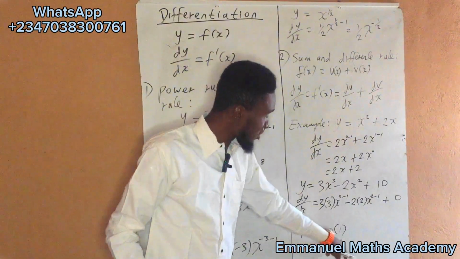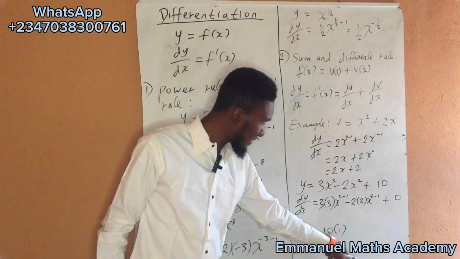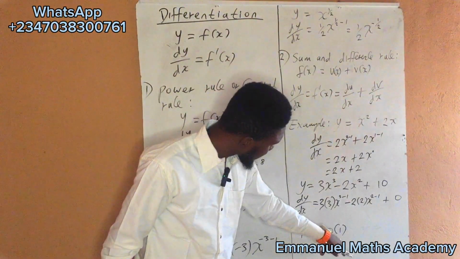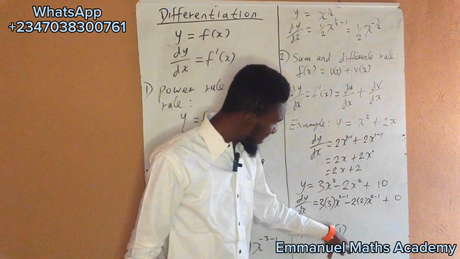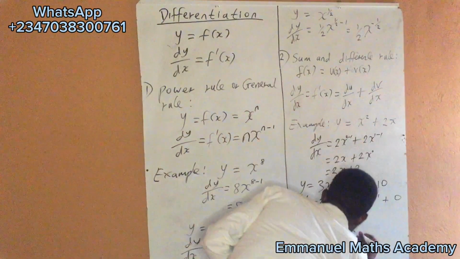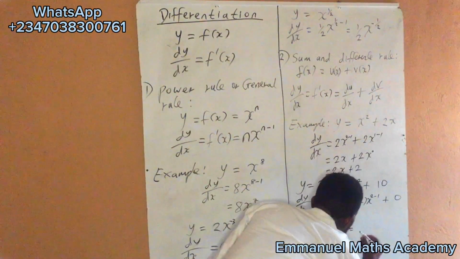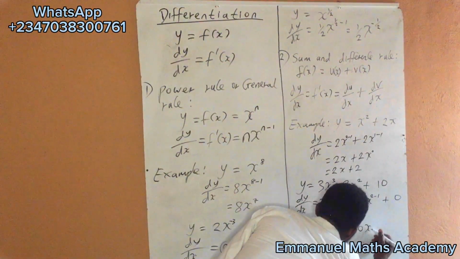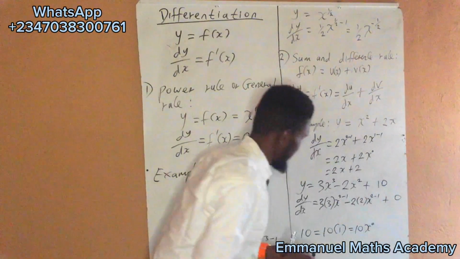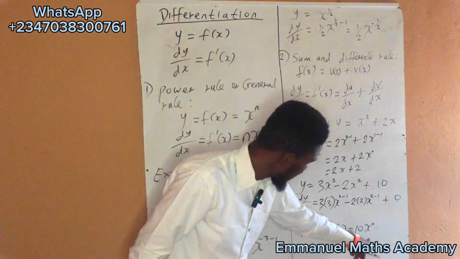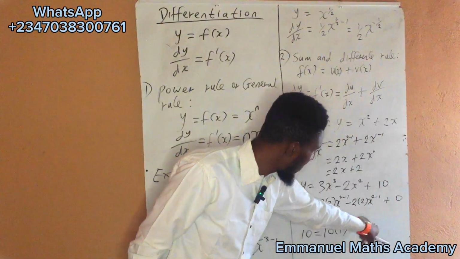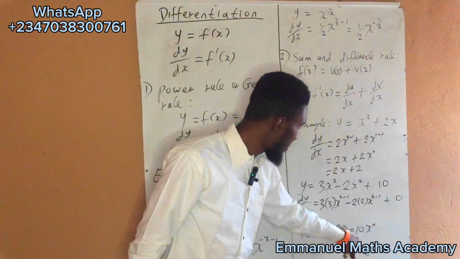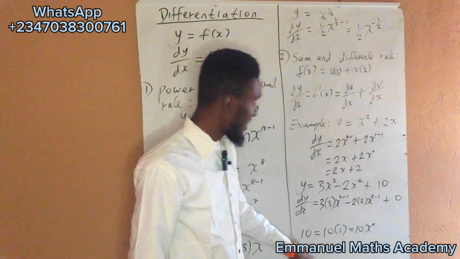Now, from the law of indices, this can be expressed as 10x power 0. It's still the same thing, right? Because x power 0 will give you 1. And 1 times 10 will still give you 10.